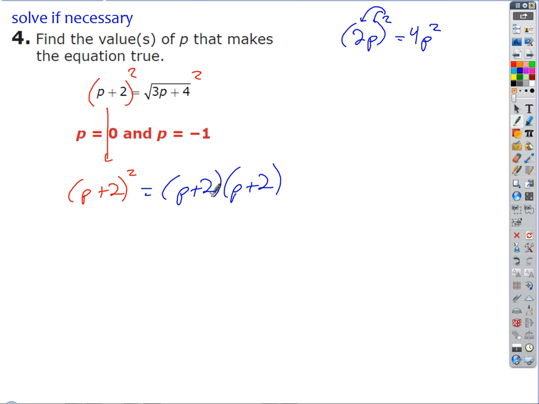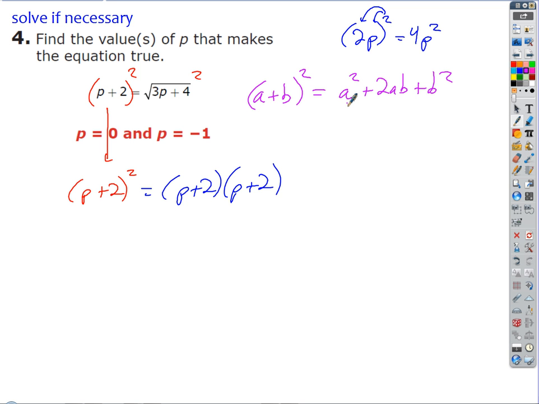Or hopefully you remember, I think Tyler reminded us about this yesterday. What is our expansion pattern, our product pattern for a plus b squared? A squared plus 2ab plus b squared. Good, okay. So then that's going to give us on the left side, if I expand that out, instead of a I have p, instead of b I have 2.